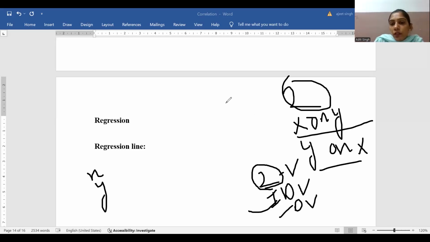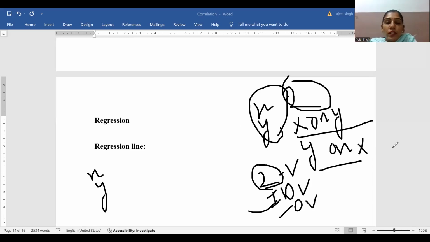The regression line of x on y gives the most probable value of x for a given value of y, and the regression line of y on x gives the most probable value of y for a given value of x. This is how it works when we calculate the regression lines for two variables.